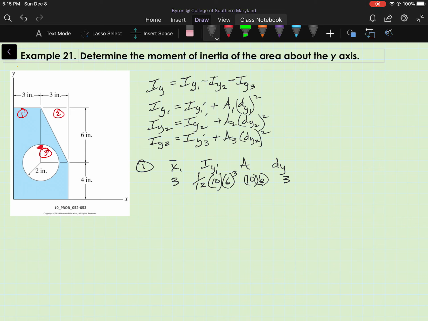Okay, so now I'm going to write this equation and plug in those numbers.